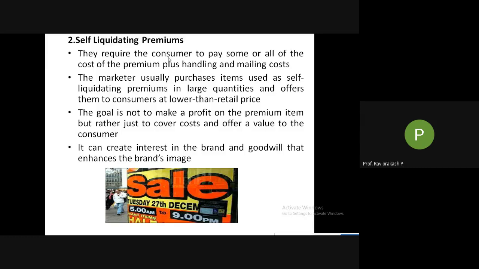Okay, so self-liquidating premiums are done. The marketer usually purchases items used as self-liquidating premiums in large quantities and offers them to consumers at lower than retail price. You buy in bulk and sell those products at a lower price than MRP.